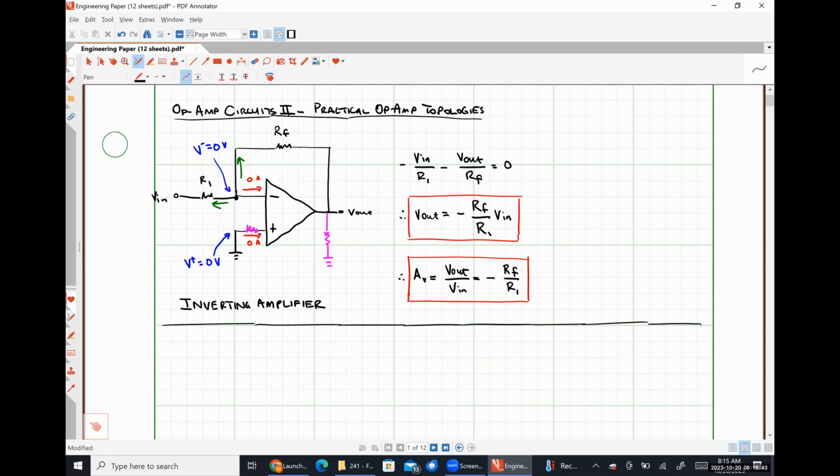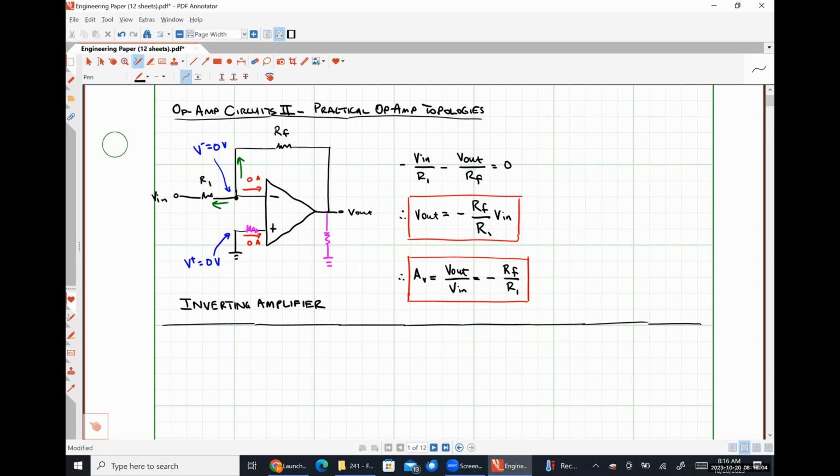As RF goes up, the voltage gain goes up. What's the other thing we could do? Decrease R1. As R1 goes down, the voltage gain also increases. Absolutely. That's the kind of theory type questions you should expect for these type of circuits.